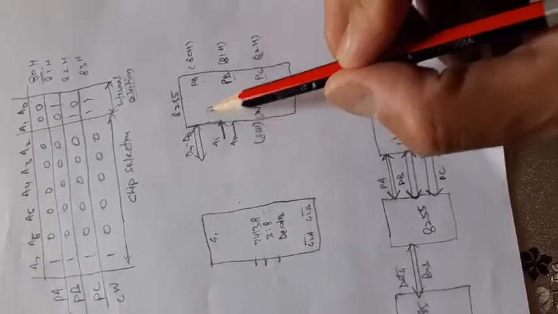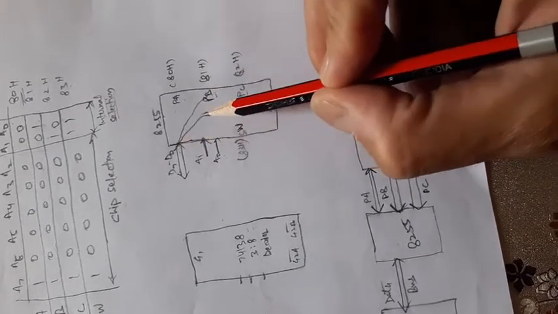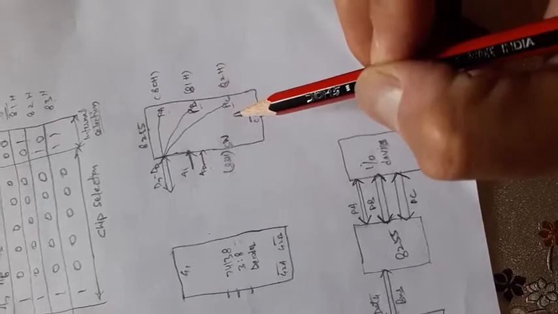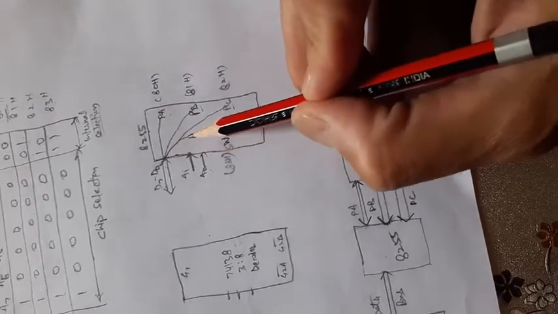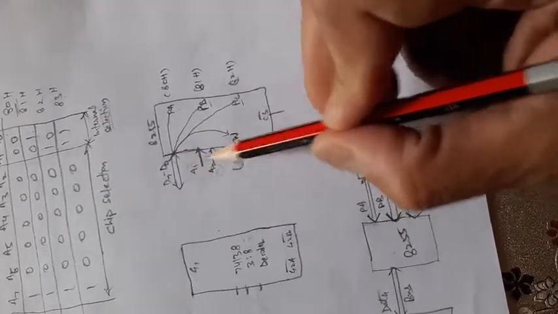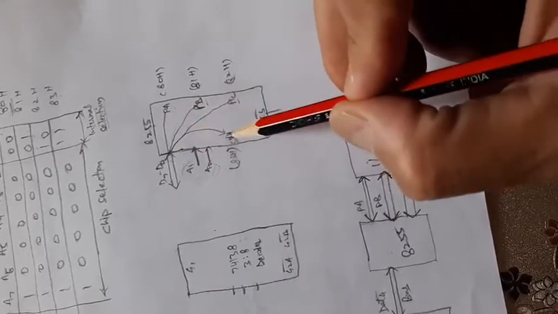If the address for port B comes, it will go to port B. If the address for port C comes, it will go to port C. If the address for port A comes, it will go to port A. Or if the address for the control word comes, it will go to the control word. So based on these two lines A1 and A0, the address will be bifurcated and go to the appropriate locations.